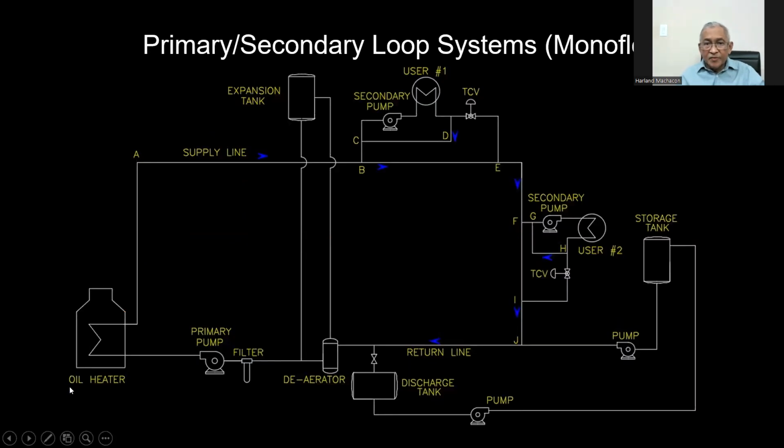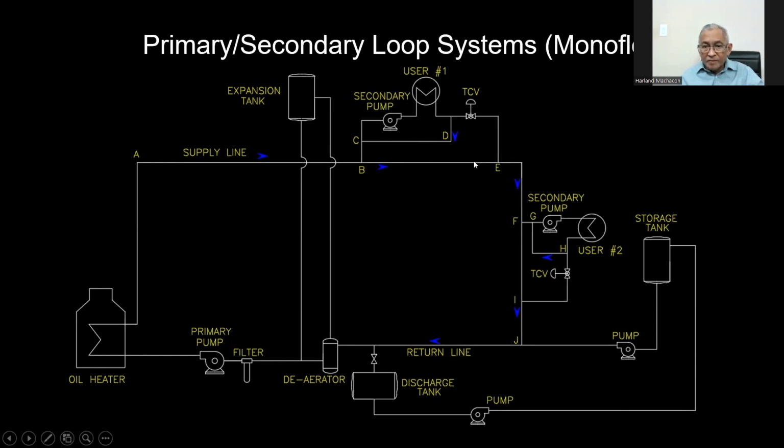So the third configuration in the primary secondary loop system is the monoflow. What happens in this monoflow is that from the supply line, the users are arranged in a series arrangement. Unlike in the previous examples, we have a parallel arrangement.